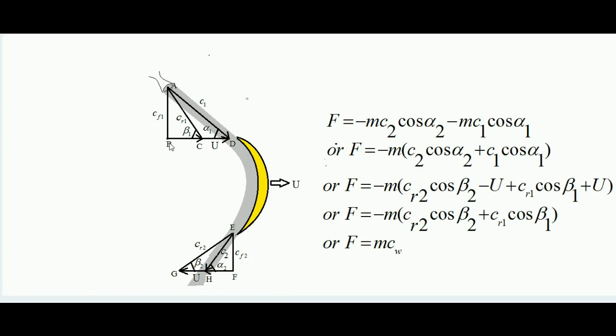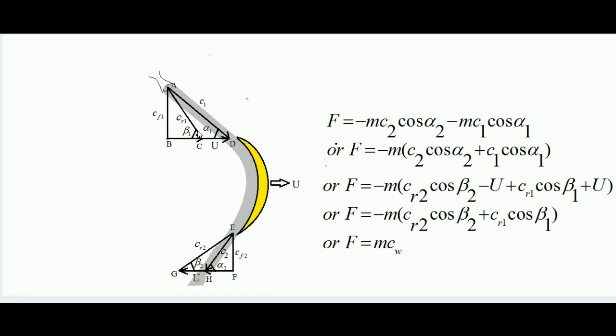So vector BC represents the relative velocity of steam in the horizontal direction at inlet, and vector AB represents the relative velocity of steam in the vertical direction with respect to this blade. So AB plus BC is equal to AC. So this AC represents the resultant relative velocity of steam at inlet.